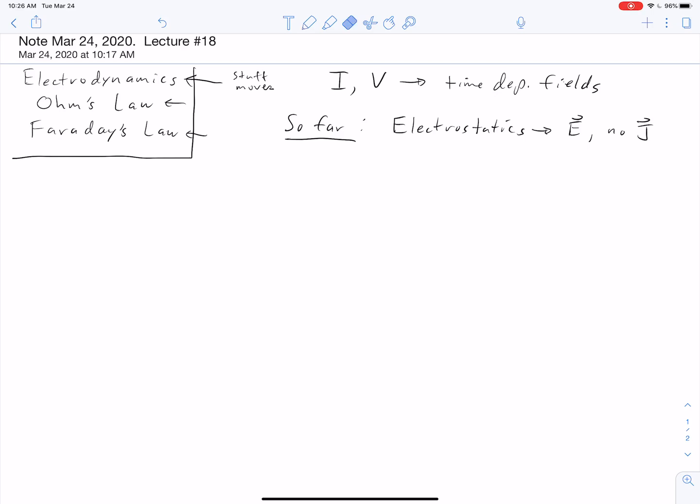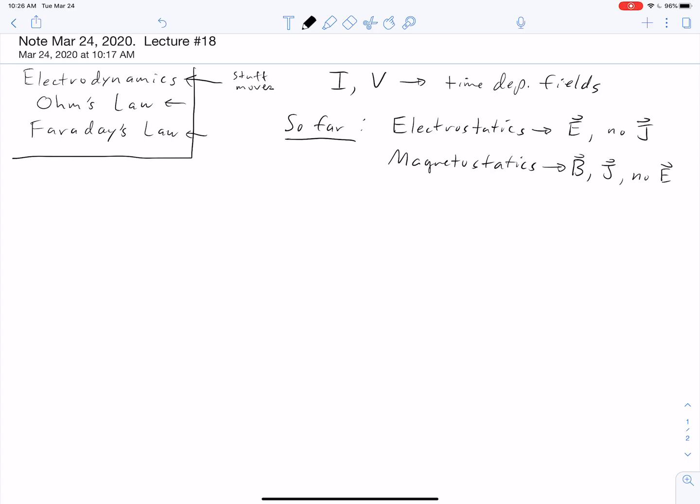And we have been talking about magnetostatics, where we were talking about B, which was created from current density, but no electric fields.